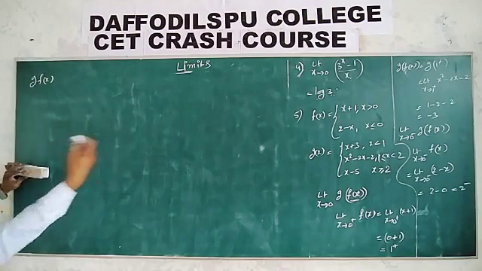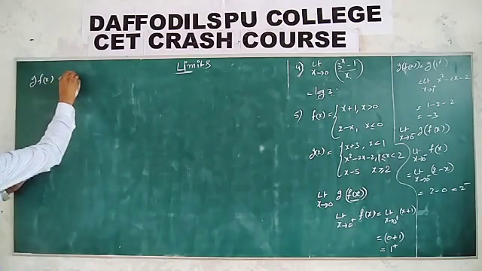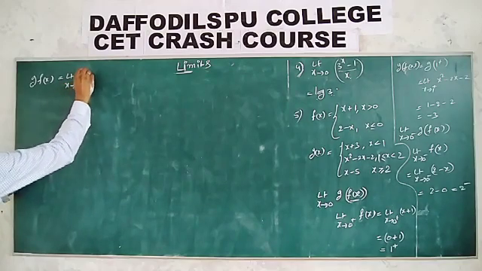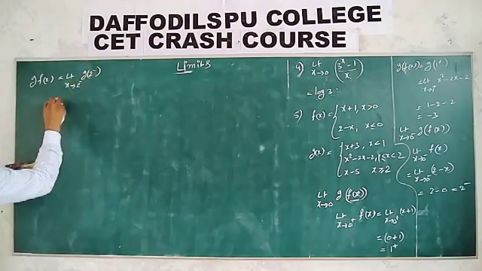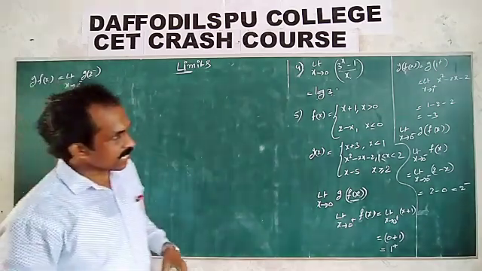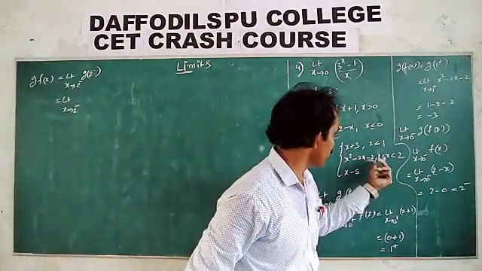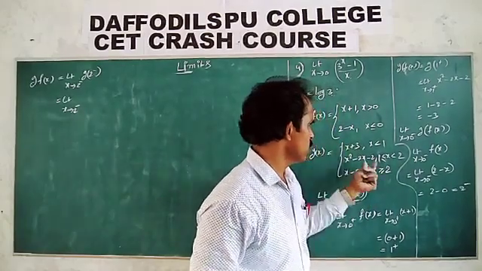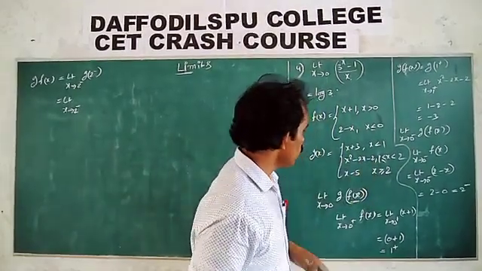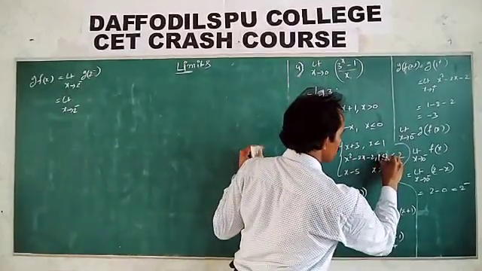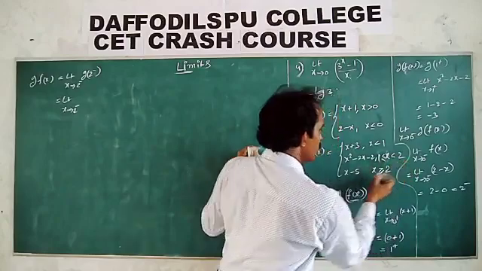g of f of x on the left is equal to, as 2 minus x tends to 2 minus, g of 2 minus. Therefore, 2 minus in the g of x function, is it 2 minus or 2 plus? Okay, 2 minus.